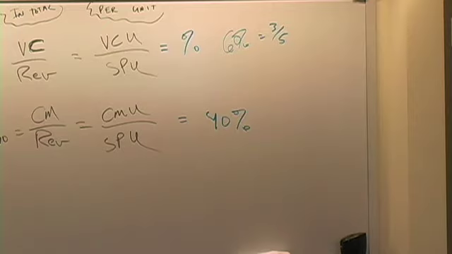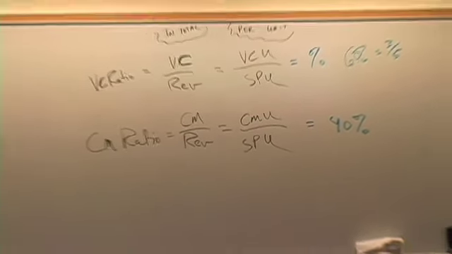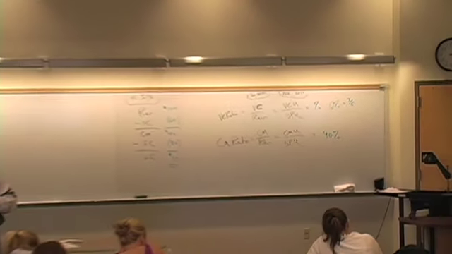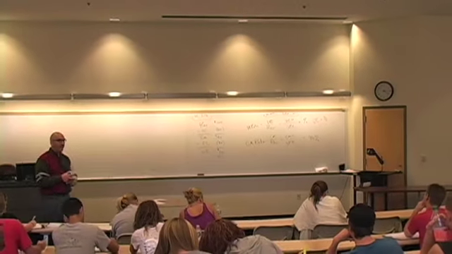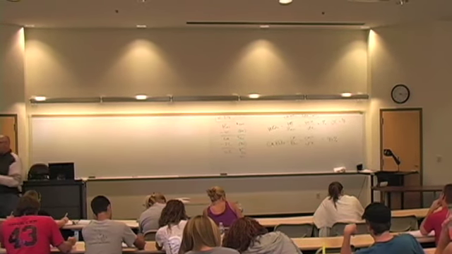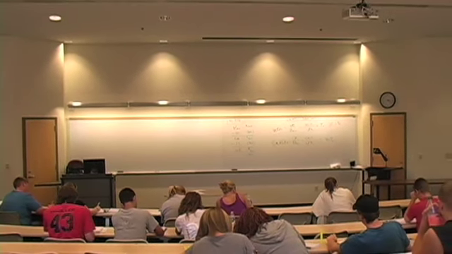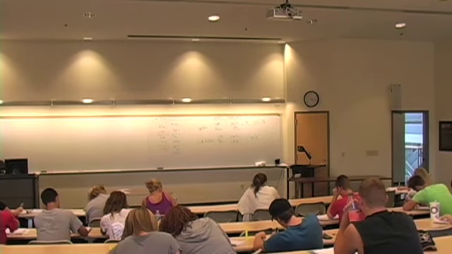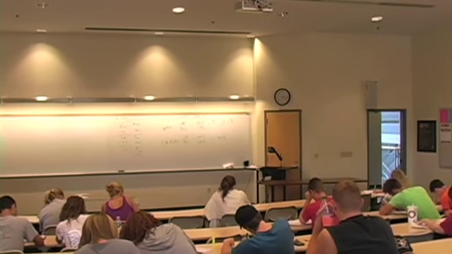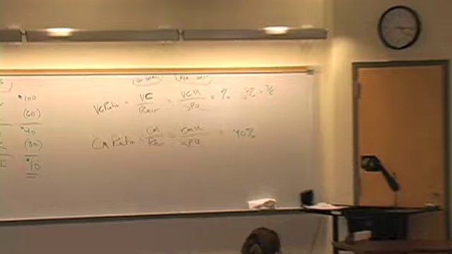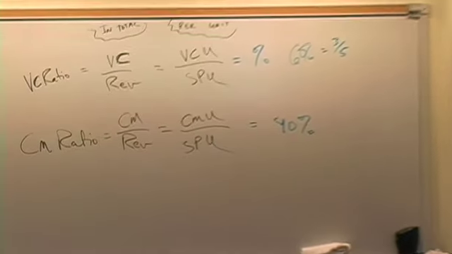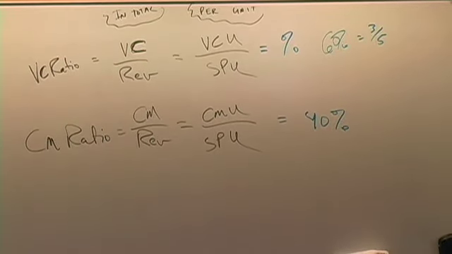The variable cost ratio and the contribution margin ratio will always add up to 100%. So make a note of that. Because that means all I have to do on a test is give you one of them, and you know both of them. So it's a very important piece of information to remember.